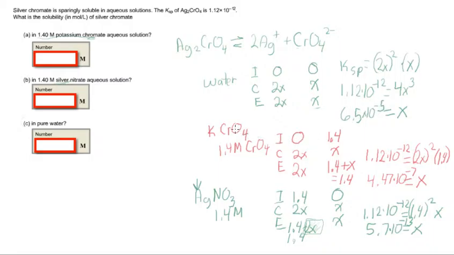When I added additional chromate, the solubility went down a little, because basically the chromate's a 1-to-1 ratio with the silver chromate, but the silver has a much more significant reaction or effect. So if I add the silver, it decreases the solubility much, much more.